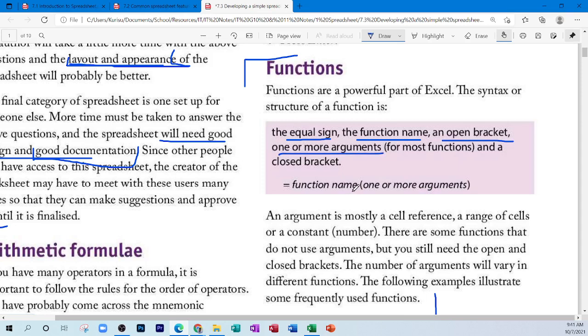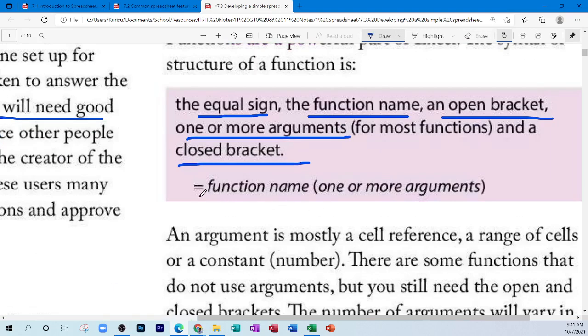Some require 1 argument, 2 arguments, 3 arguments, 4 arguments. Some require no argument. So depending on the structure, that's how many arguments you put inside the bracket, and then you close the bracket. So this is the general structure: equal sign, function name, open bracket, you put the arguments inside of the bracket, and then you close the bracket.